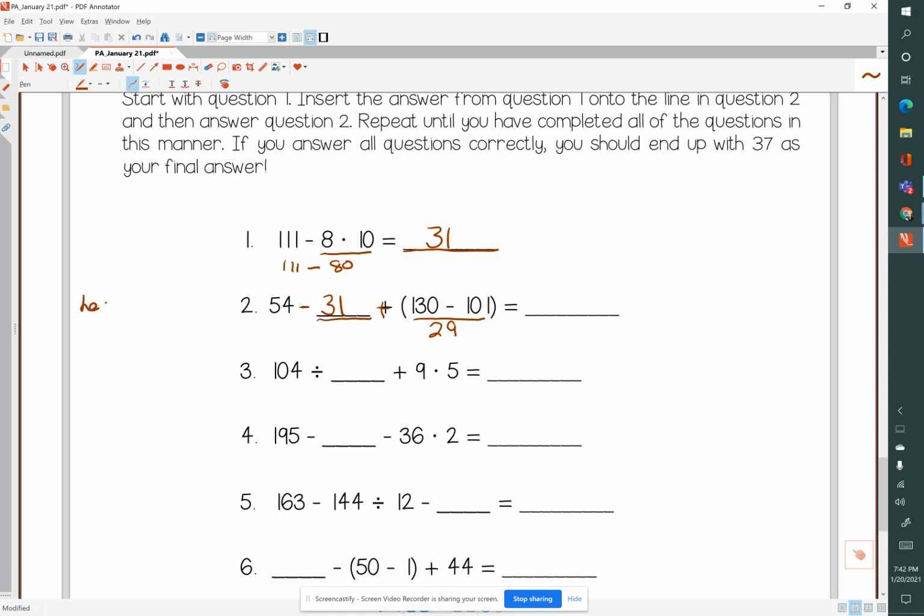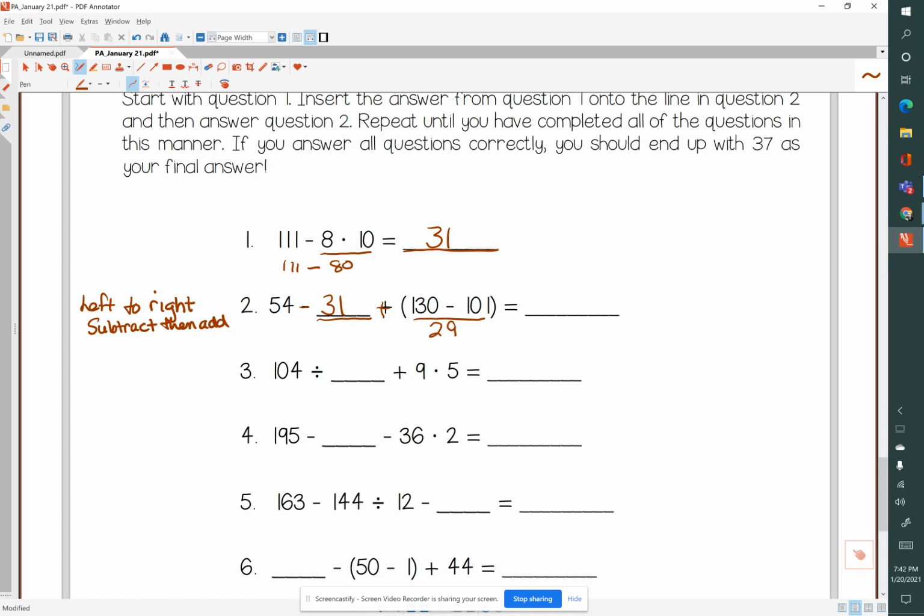So let's make a little note here. We're going to go from left to right with subtraction and addition. So in this case, we will subtract, then add. And of course, that's after we've already evaluated inside the parentheses.